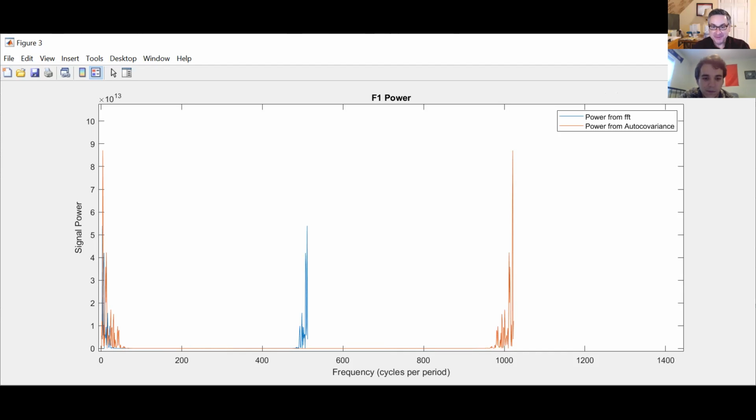Are you comparing apples to apples? No. So would I adjust one of them? Would I take every other point of the covariance? Well, the question really is, you've plotted that and labeled it cycles per recording period.